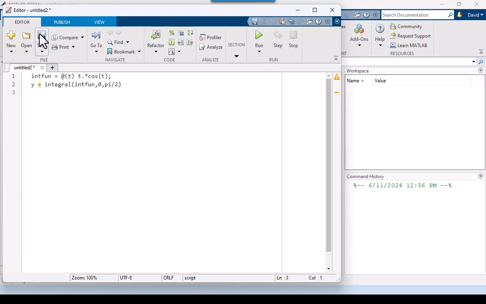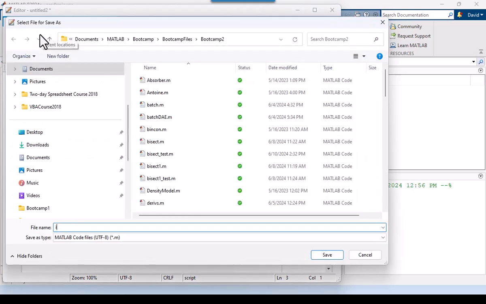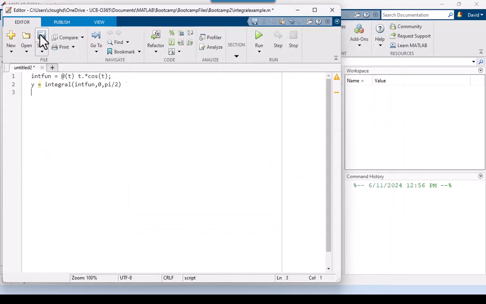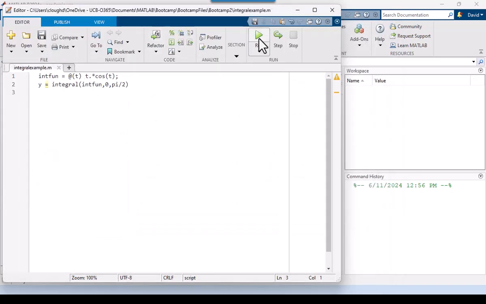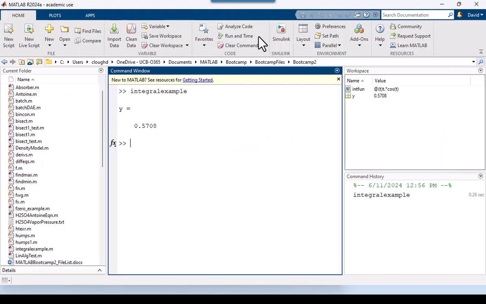And let me save that. I'll just call it integral example. And we'll try to run it. Come over to our command window. And there is the result that we get to 4 significant figures, 0.5708. So that's a very simple illustration.